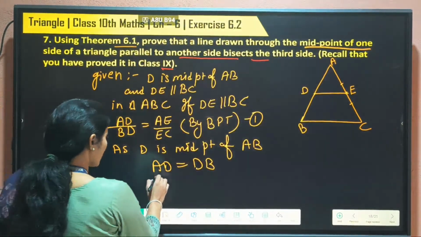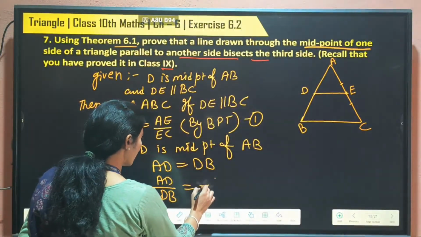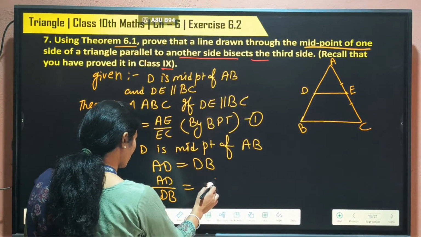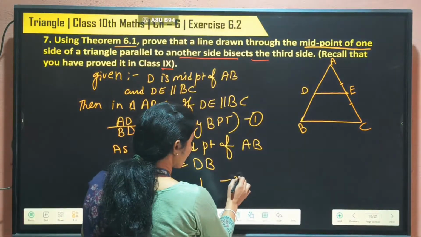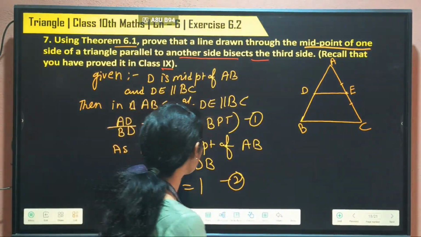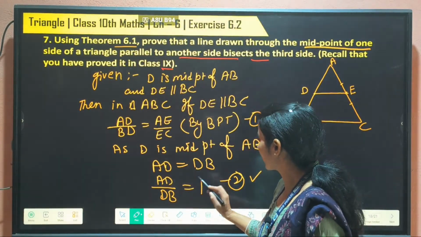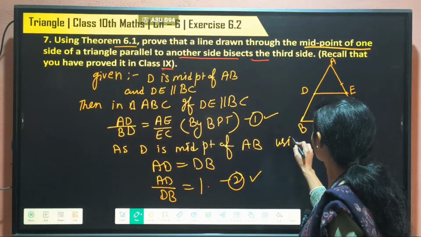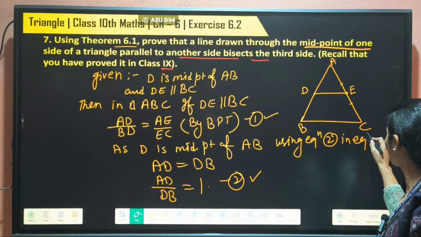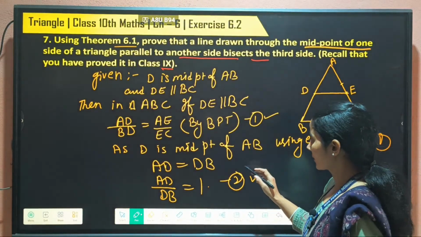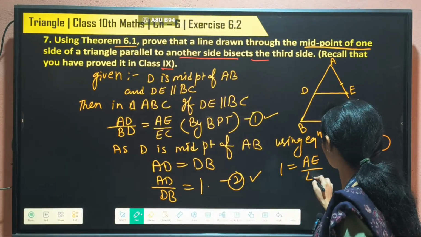Now see, AD by DB equals 1. Say this is equation number 2. Now see, from 1 and 2, AD by DB is 1, using equation 2 in equation number 1, 1 equals AE by EC.